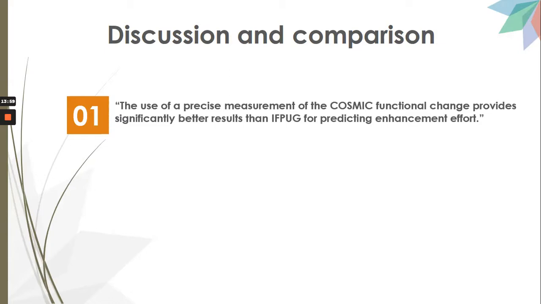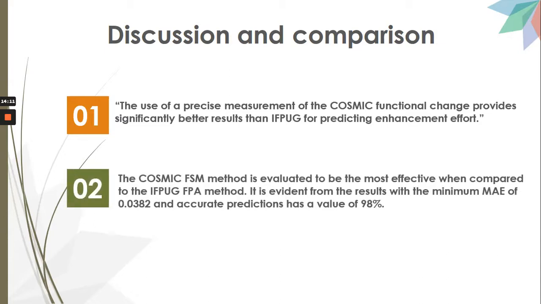First, the use of precise measurement of the COSMIC functional change provides significantly better results than the IFPUG for predicting enhancement effort. Second, the COSMIC functional size measurement method is evaluated to be the most effective when compared to the IFPUG function point analysis method. It is evident from the results, with the minimum mean absolute error of 0.0392 and accurate predictions with a value of 98%.